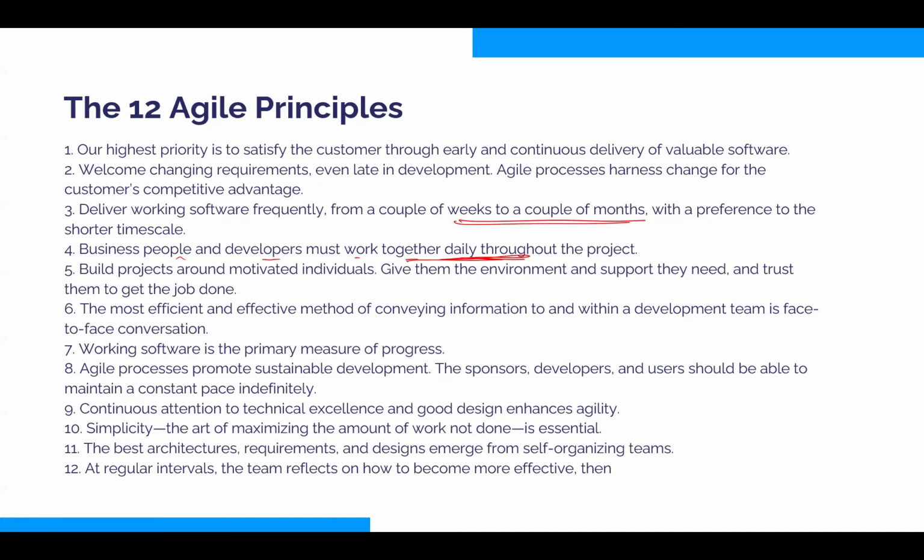What for? To clarify a piece of requirement, to better understand their expectation. So this channel of communication is ever present, very frequent. That's how we ensure there won't be a mismatch between what the customer wanted and what the team is building, which happens a lot in predictive. That's principle number 4.